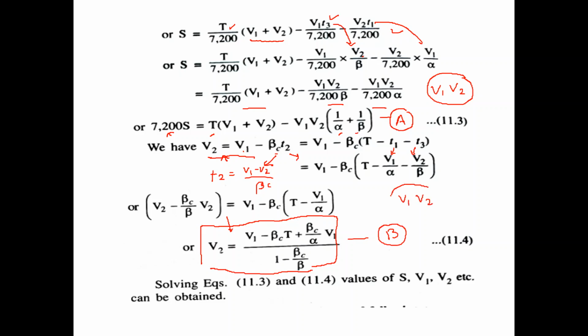Once we get V1 and V2, we can find the value of S, that is distance, and from the distance we can find the average speed and also the schedule speed. So these three parameters we can calculate. So in the quadrilateral, we have to remember these two equations A and B, which are used to find V1 and V2, and then we can find S, and from there calculate average speed and schedule speed. So in this video, up to this only.